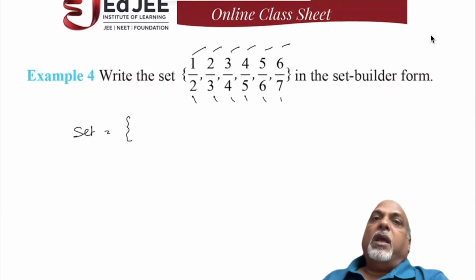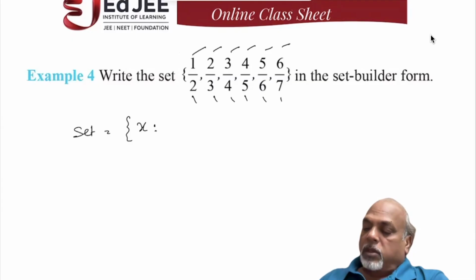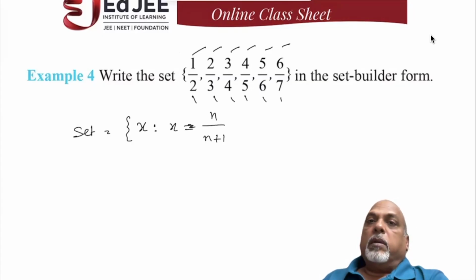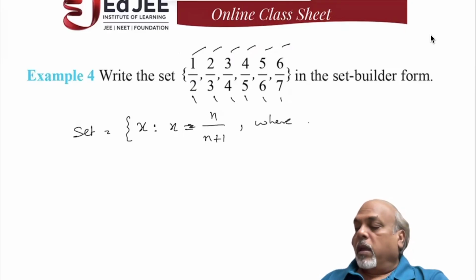Thus there is a relationship, meaning x is equal to n upon n plus 1, where n is a natural number.